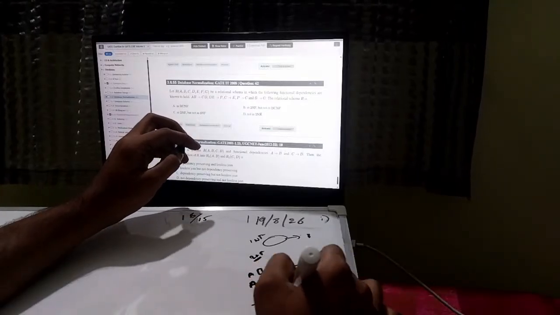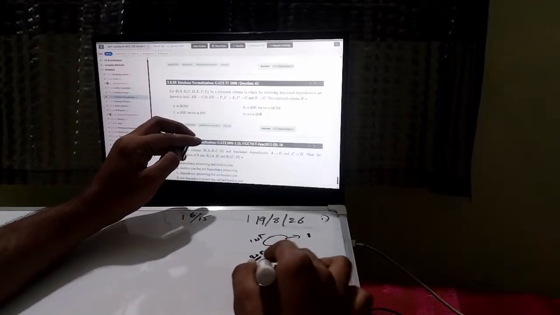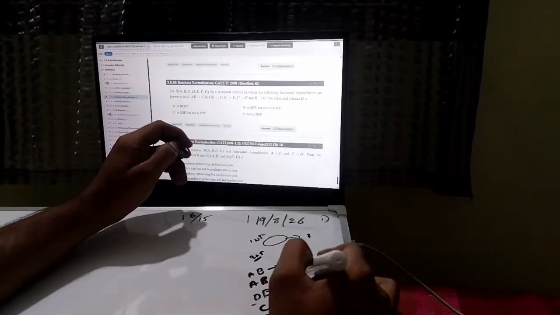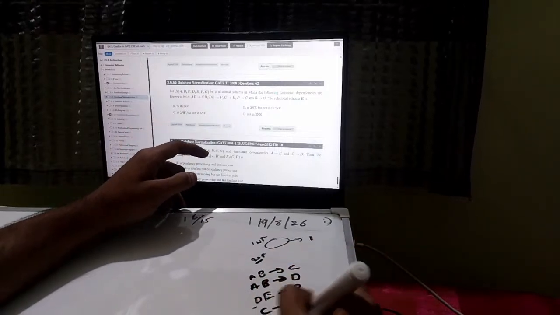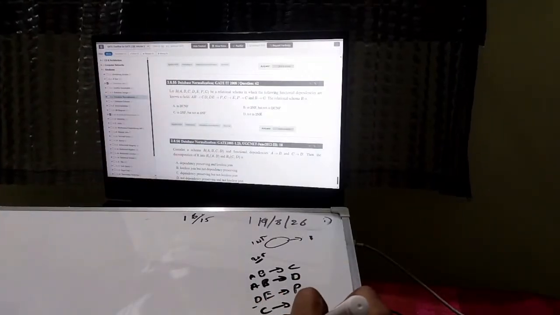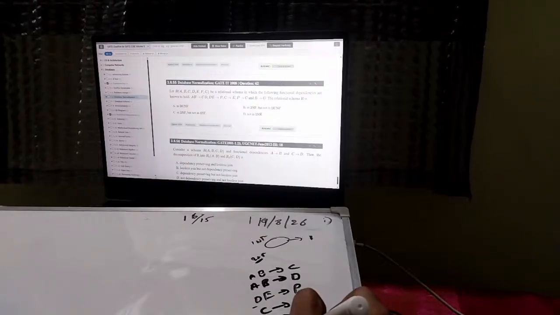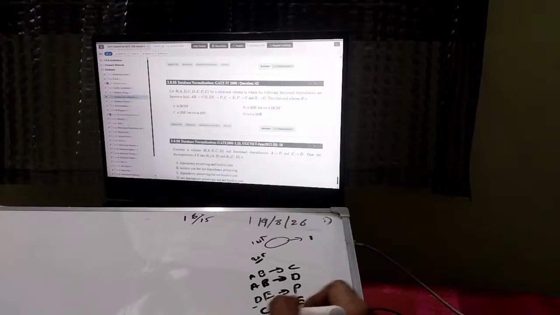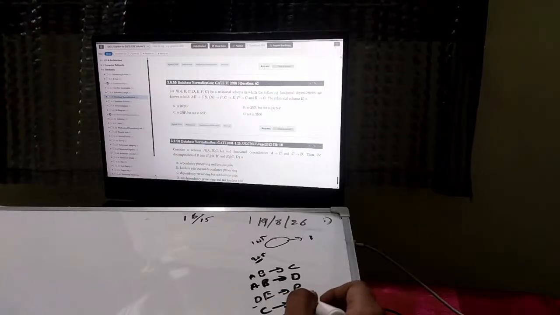Here C tends to E and here AB tends to C, okay, fine. So B tends to C, C tends to E.